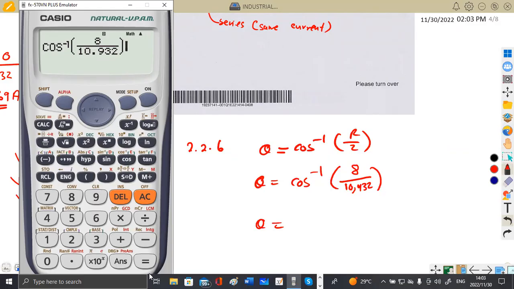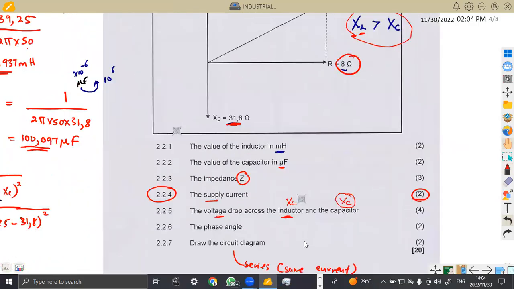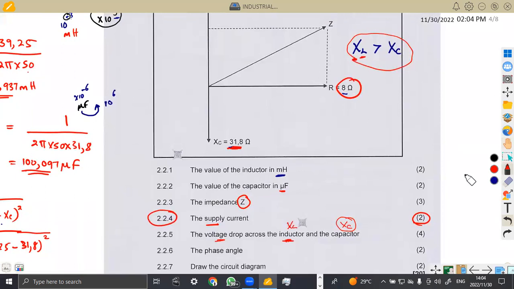Like that, we've got our angle, which is 42.962, but the 7 is going to change this 2 into 3. So it is going to be 42.963 degrees. Okay, so that's our theta, which is supposed to be here on the diagram. It was not for you to represent here. I'm just showing you where it was supposed to be represented.